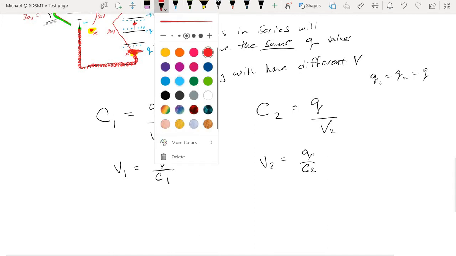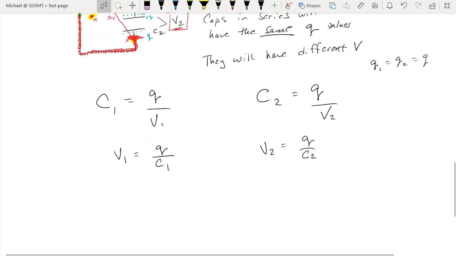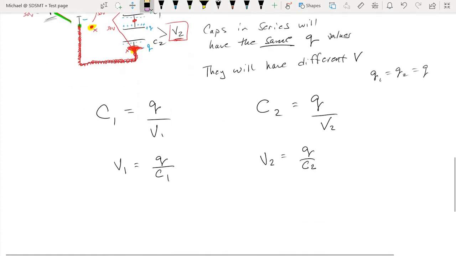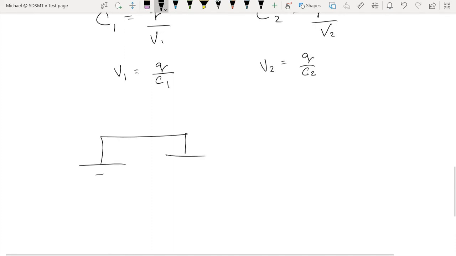This means we can put the information together into an equation, and I am going to redraw our capacitor system down here just because the top picture is getting kind of messy. All right, so there is a potential difference across capacitor 1.